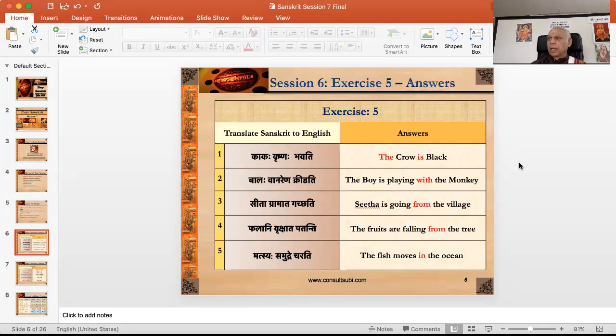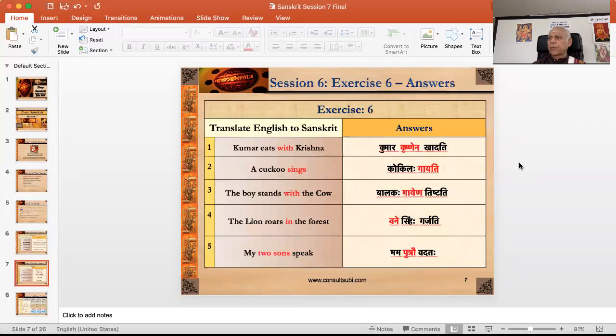Okay. Now the next exercise, we had English to Sanskrit. Here you see, it's almost the same thing. Kumar eats with Krishna. Kumar Krishnena, Ena is with. It is an instrumental case here. Krishnena refers to Ena. Khadati eats with Krishna.